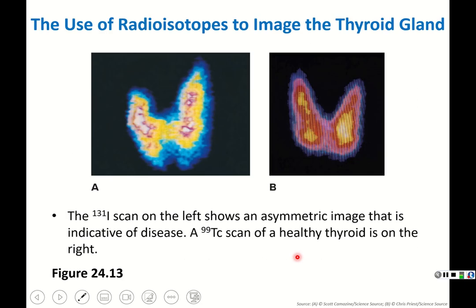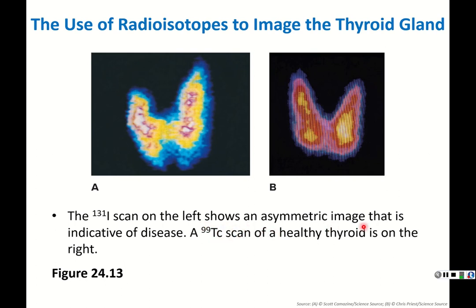Right, so here we have pictures of the thyroid gland. In these pictures, they're doing an iodine-131 scan on the left, which shows an asymmetric image that is indicative of disease. And the technetium-99, man, I can't remember off the top of my head what Tc is, another radioactive nuclide.